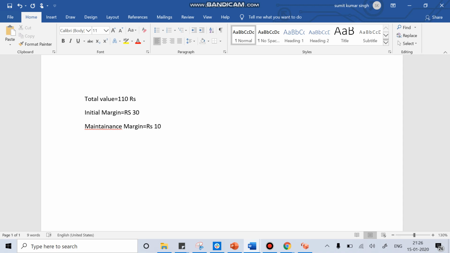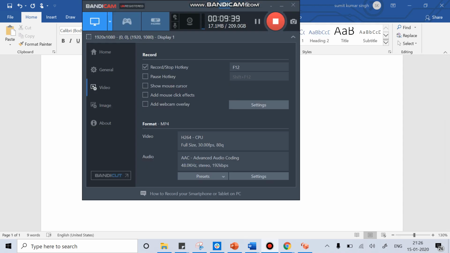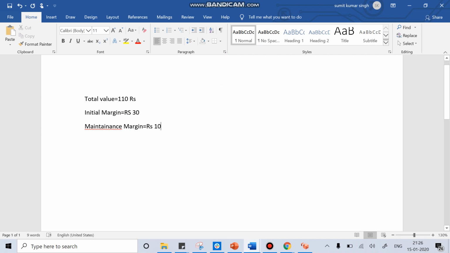Suppose the maintenance margin is 10 rupees. If on any day your account touches 10 rupees, you get a margin call from your broker. If you do not submit the money to bring it from 10 back to 30 rupees, then that day only the trade will be closed off, and the other person will get the difference of the money as a profit. That continues till the end of the contract, and ultimately on the end day of the contract the trade gets executed.